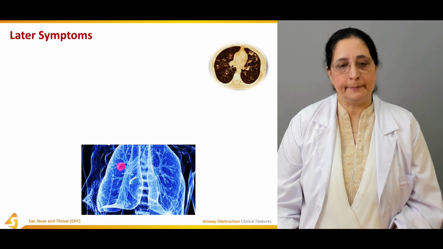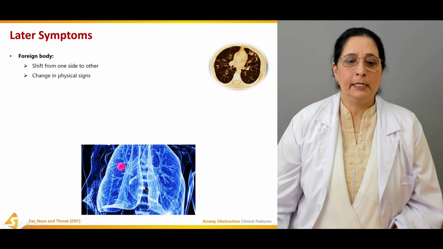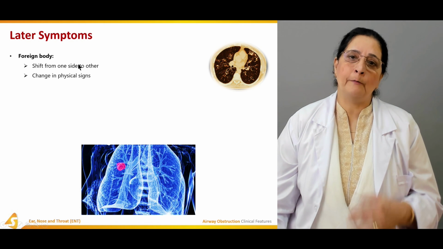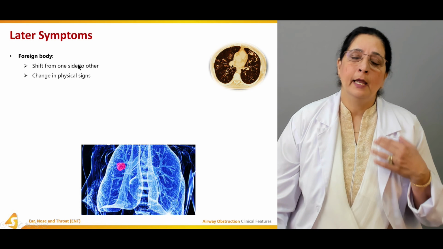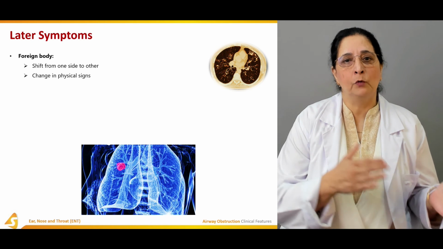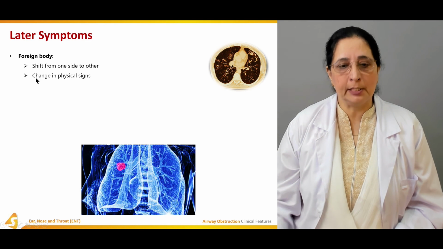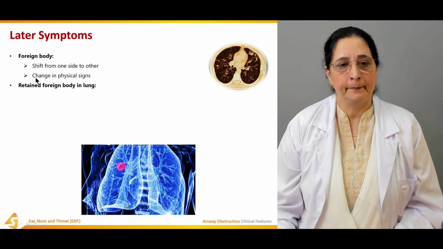Then the later symptoms of the foreign body: it can shift from one side to the other. If the foreign body stays inside for a long time, it can move from one spot to another. There is a change in the physical signs.